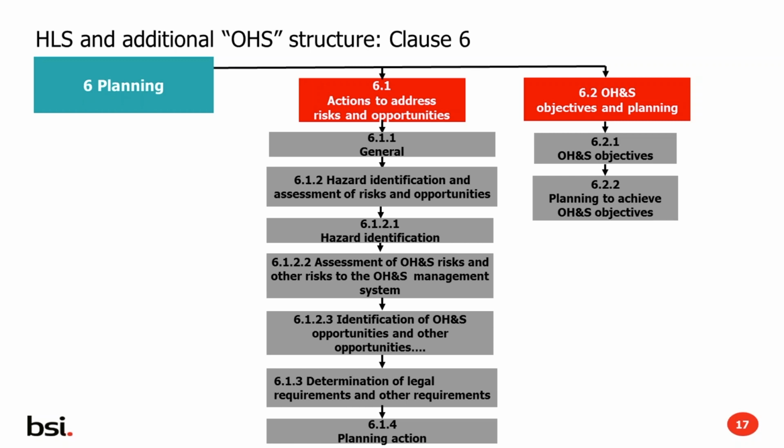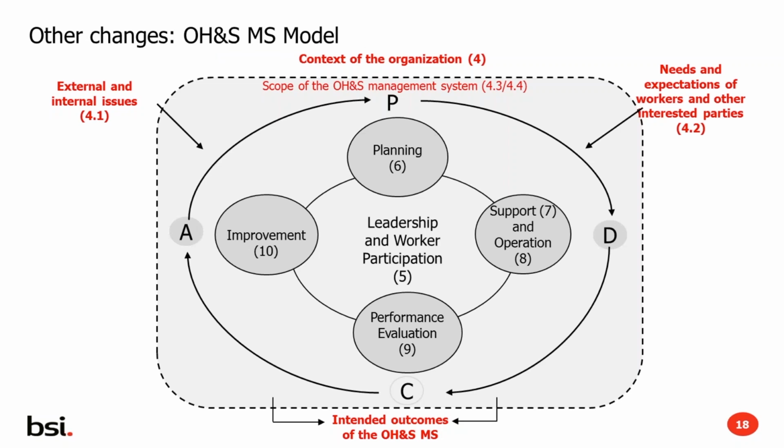Some of this will be quite similar to 14,001 if you have it, but again, I'll talk you through the details of each of those clauses in the coming slides to show you the changes to the main structure of the organization, of the 45,001 against the 18,001.